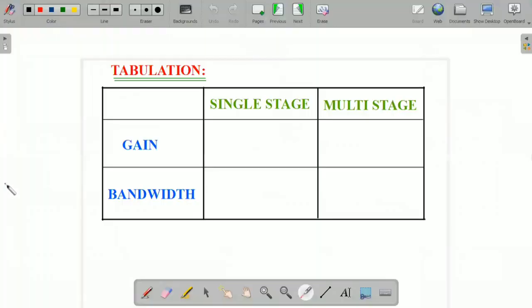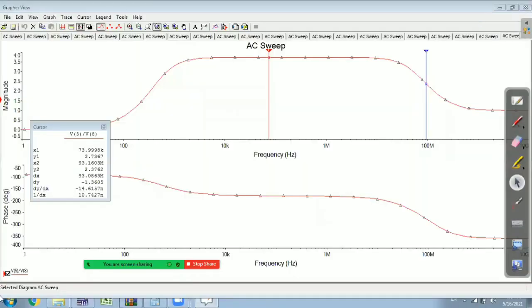Now we will note this here, 3.73. Okay. Now we will calculate for bandwidth. My bandwidth is calculated at 3 dB gain.